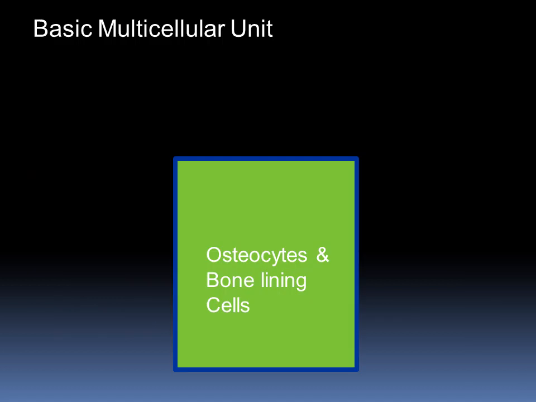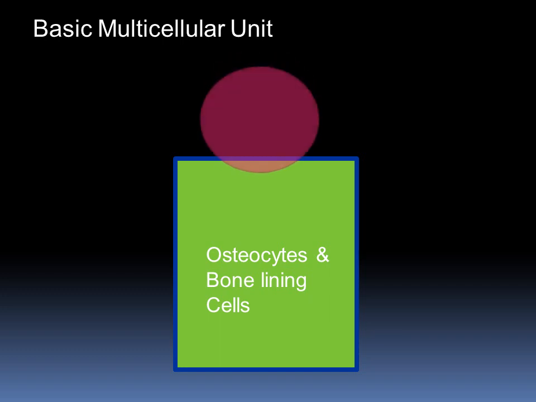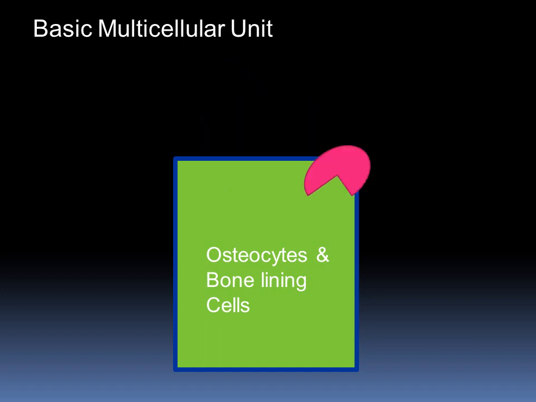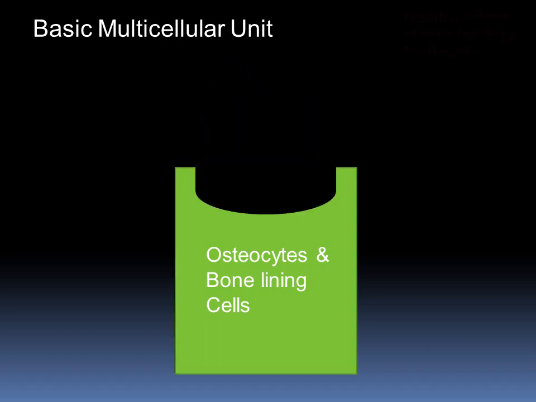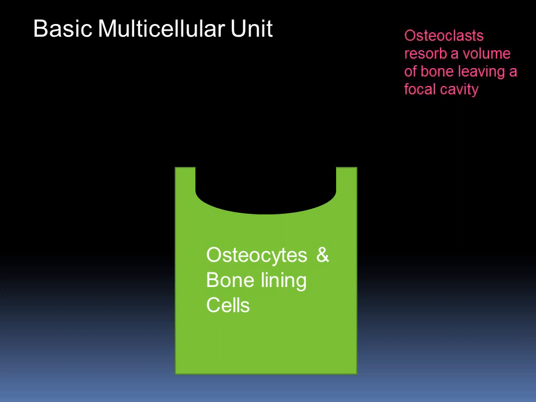So if we look at that basic cellular unit, we've got the osteocytes and the bone lining cells. Now here, the osteoclasts, what they do is they eat the bone. Okay, so they reabsorb the volume of the bone, and what you have is this focal cavity.